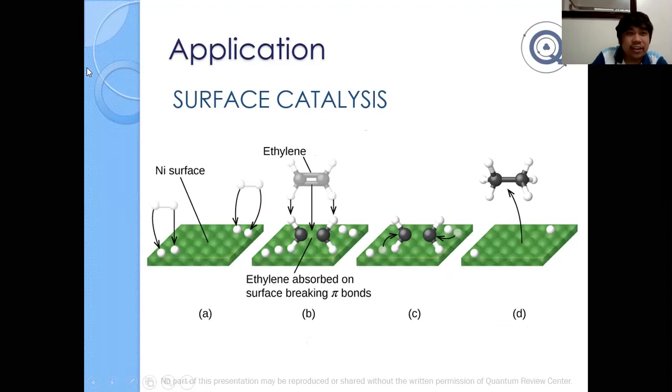So this ethylene here is adsorbed. When the ethylene is adsorbed on the nickel surface, the pi bond disappears. Okay? It releases two electrons. Then the two hydrogen atoms attach, form bonds, and form the ethane molecule. Okay? This is just an example. There are still many more types of surface catalysts. Okay?